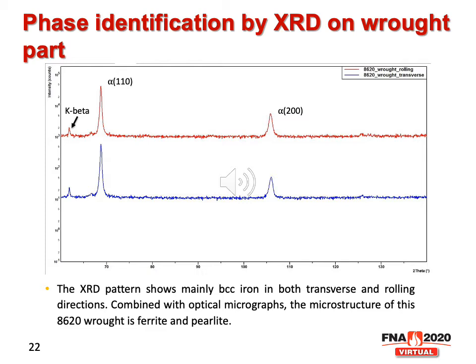Which explains why the microhardness of the wrought part is much lower than the selective laser melted part, because this is ferrite plus pearlite, but the microstructure for the selective laser melted part is tempered martensite.